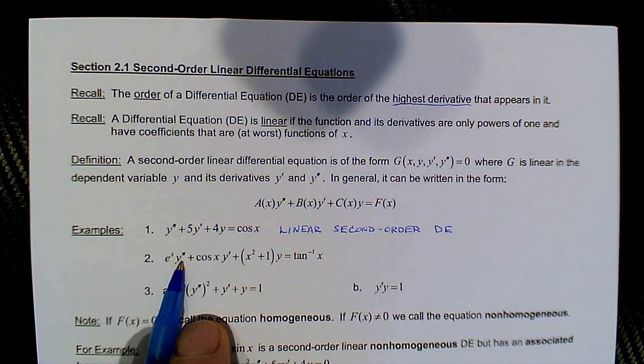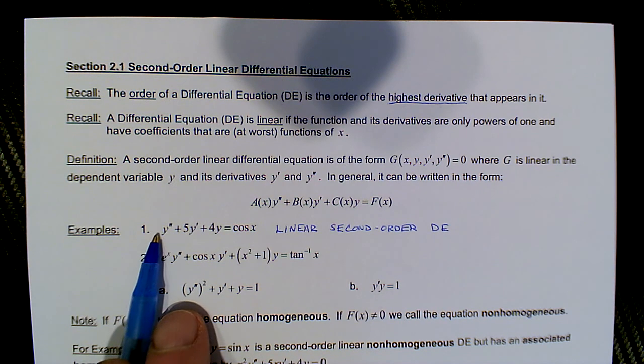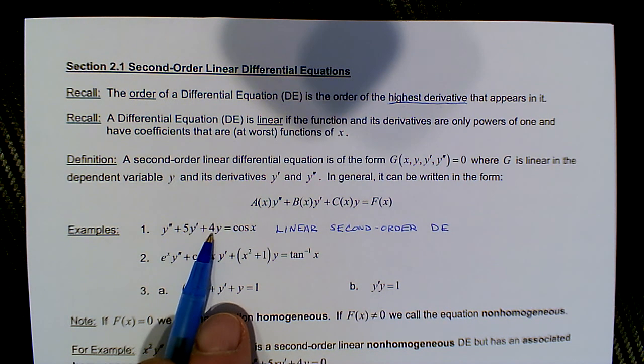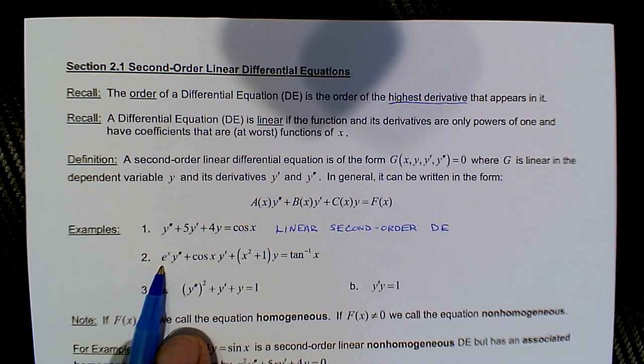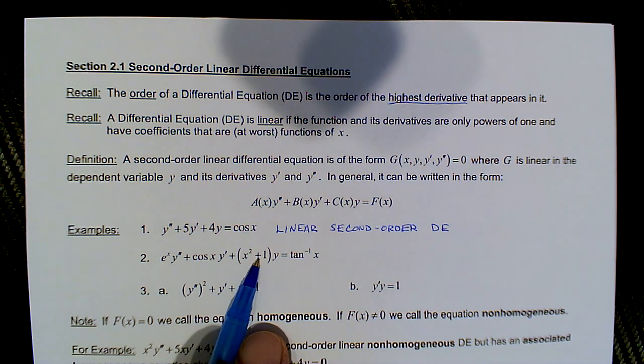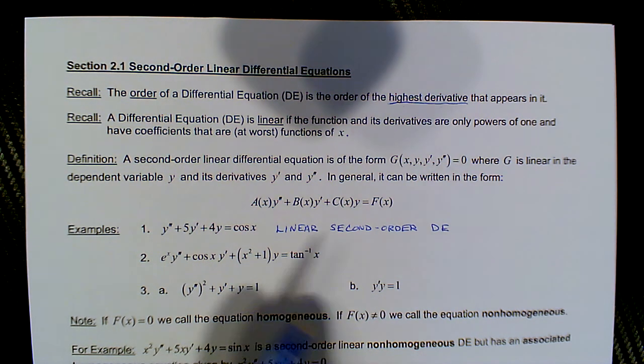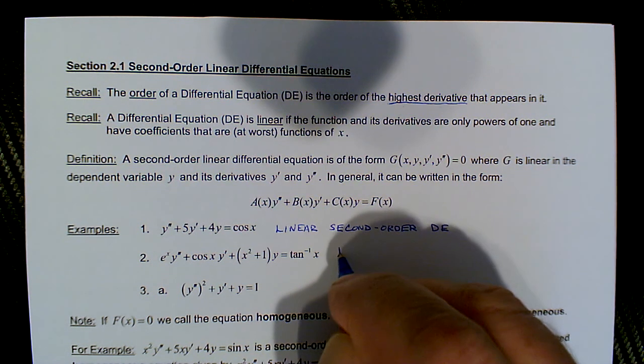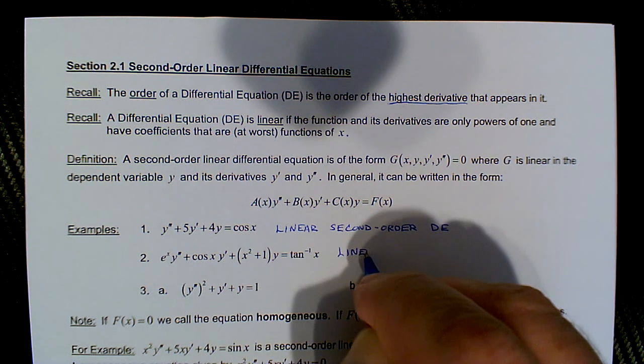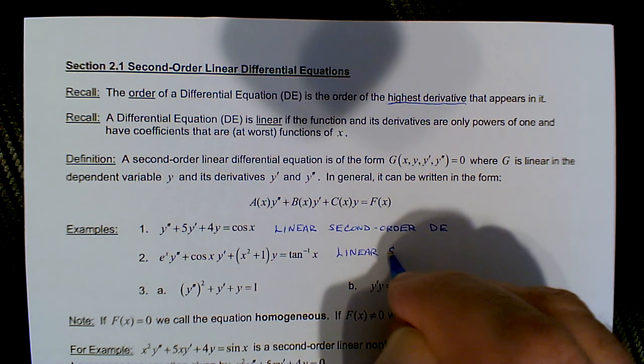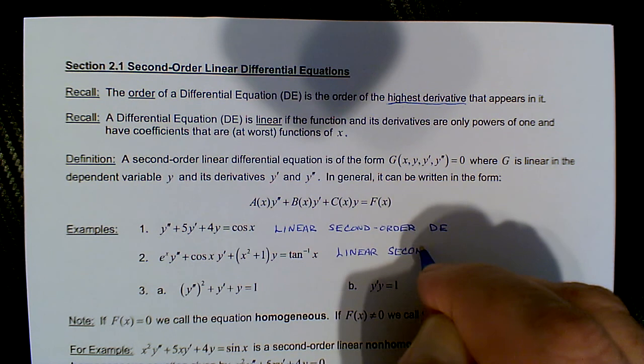This also is linear second order. Notice how the first one had coefficients of the function and its derivatives that are constants. Here we've got coefficients that are functions of x, but that's fine. It's still linear. And again, it's second order because that's the highest derivative.